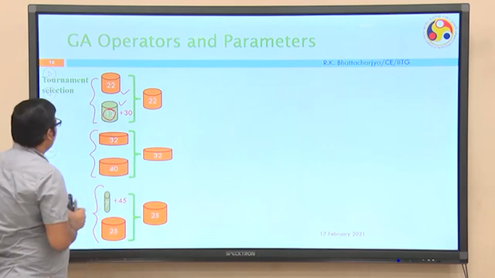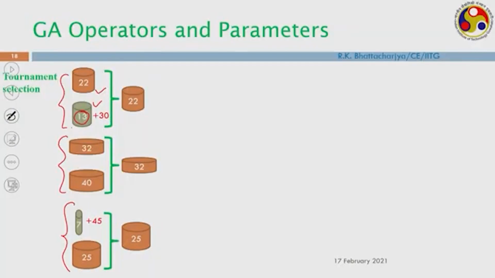Now, it is not 300, it is somewhat 270, and therefore there is a violation of 30. So, this is an infeasible solution and I do not want to select it. Though the cost is 13, the solution is infeasible and cannot be selected, so I am putting the violation here. Now, if they are playing the tournament, 22 is the better solution and 22 will be selected.